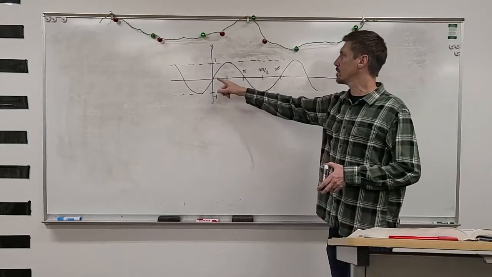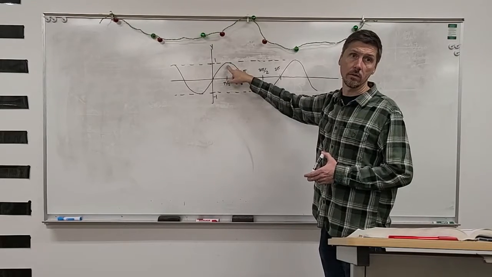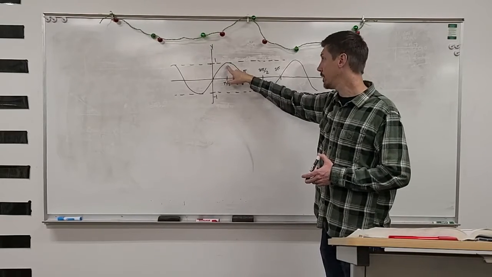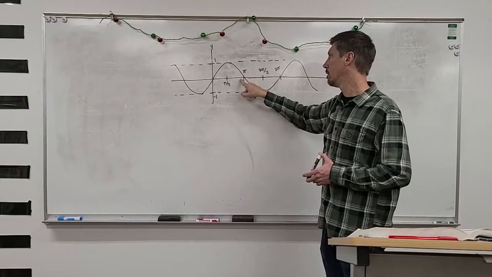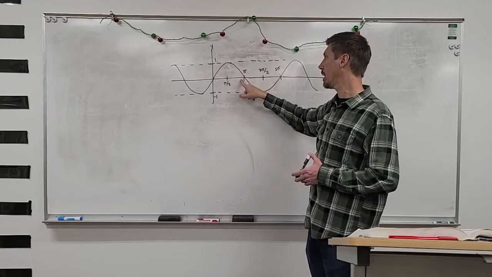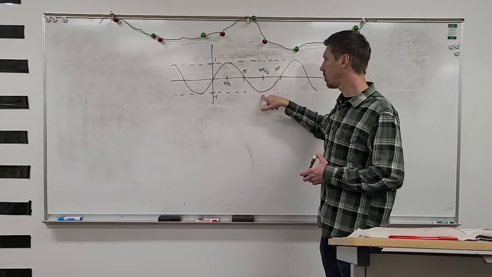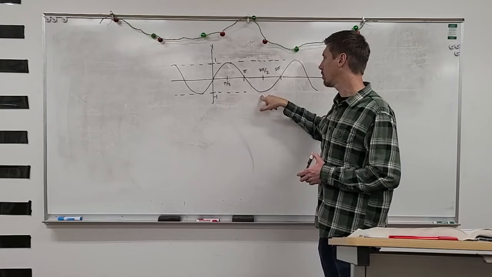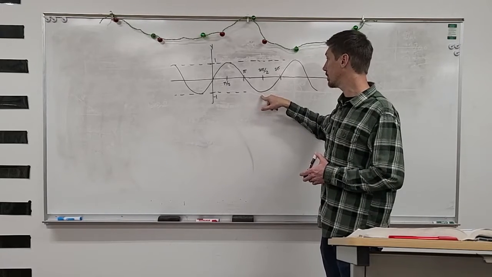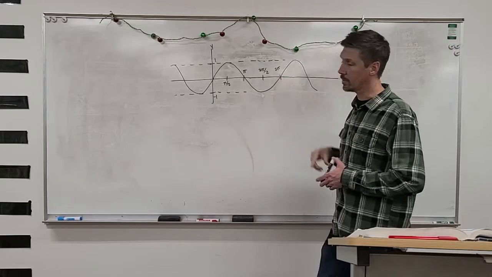So it reaches its highest point at pi halves, or how many degrees is that? 90. 90 degrees. Comes down here, hits 0, y equals 0 again at pi. Comes down here, it's at its lowest point, y equals -1 when x equals 3 pi halves, and then at 2 pi it's back to y equals 0.